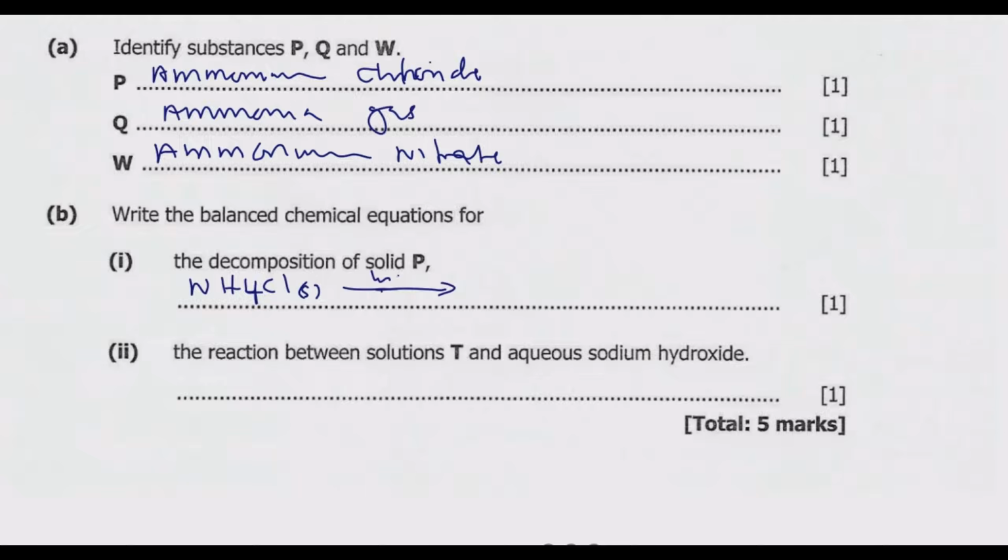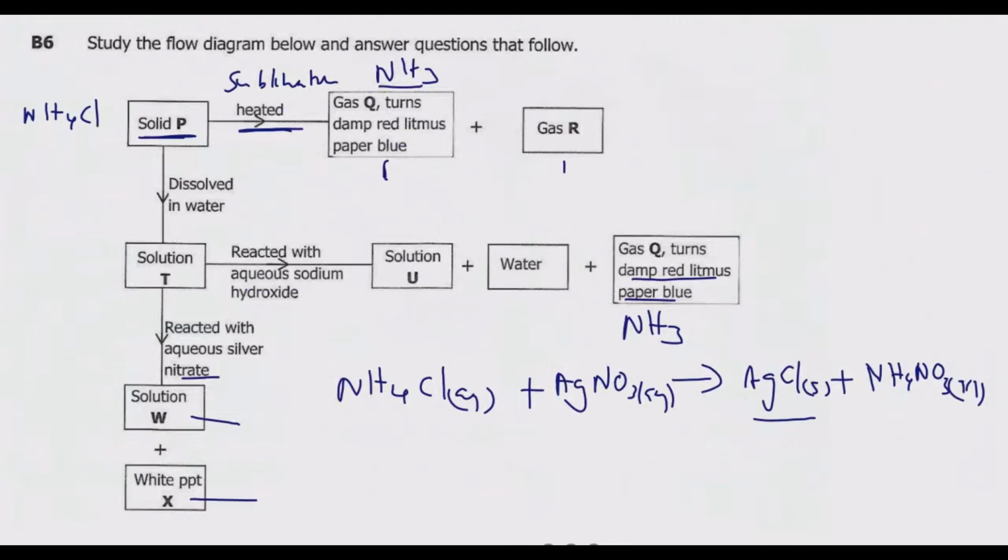We are going to get ammonia gas plus hydrogen chloride gas, which in this case is gas R. So gas R is hydrogen chloride gas.